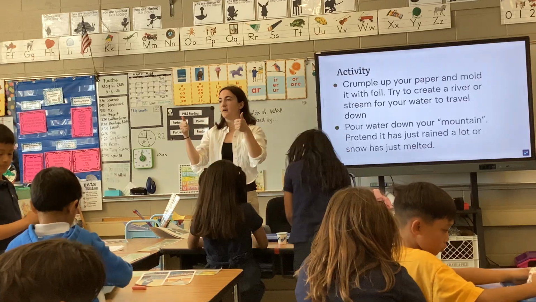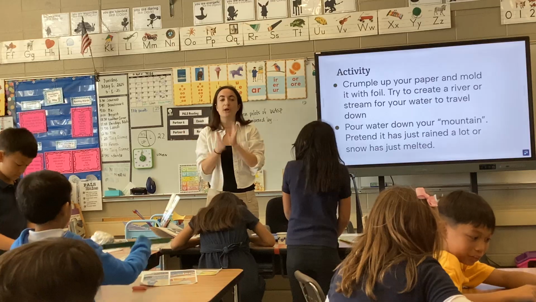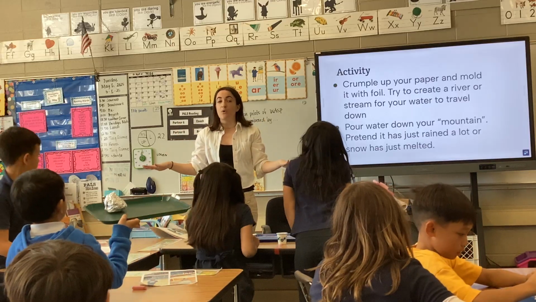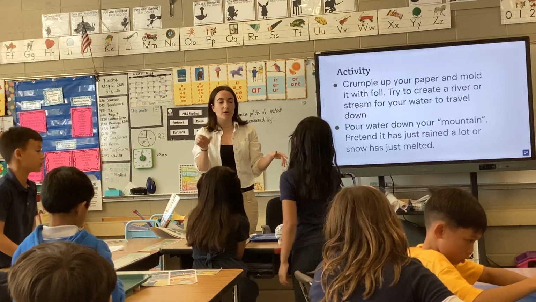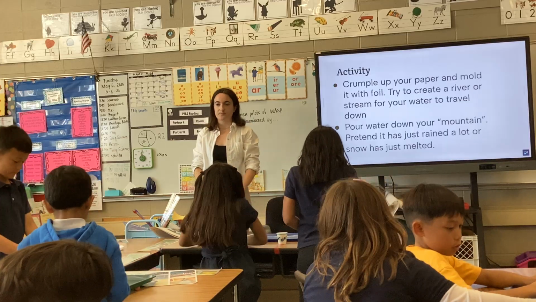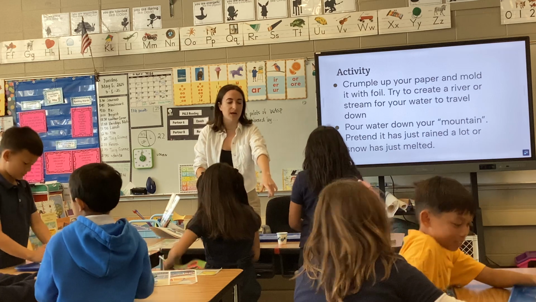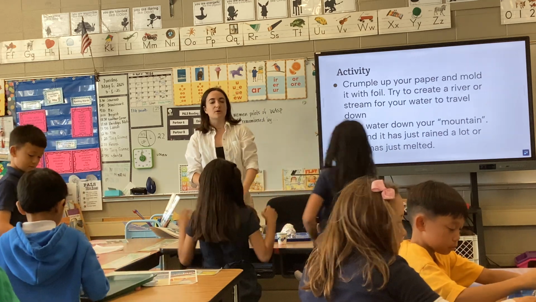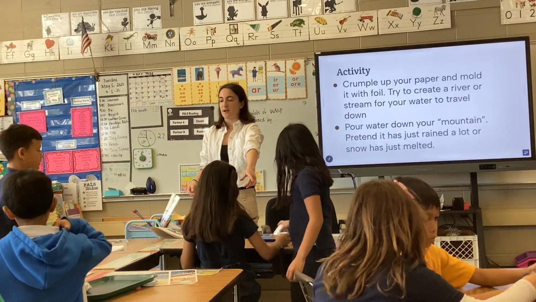Beautiful. Okay, so now what we're going to do, everyone, is pretend it just snowed a lot or it just rained a lot, okay? And we're going to pour our water over our mountain. So put your mountain on your tray, make sure it's on your tray. And then you're going to pretend there was a big rainstorm. Pour water.